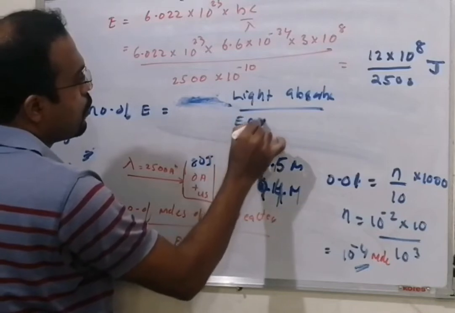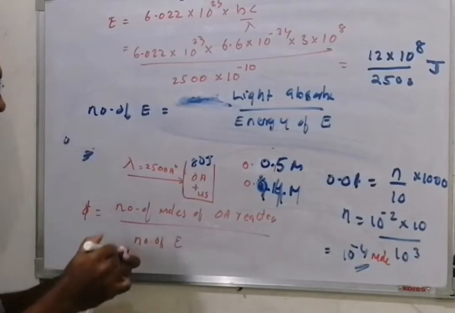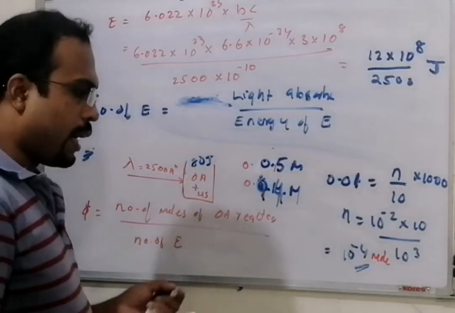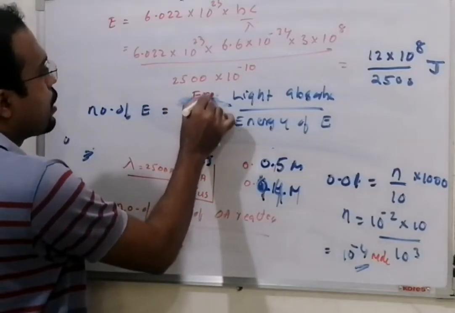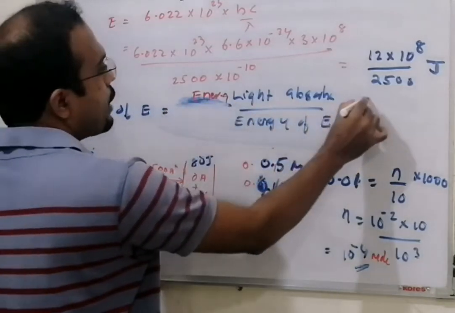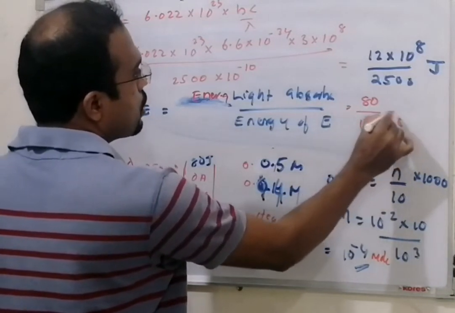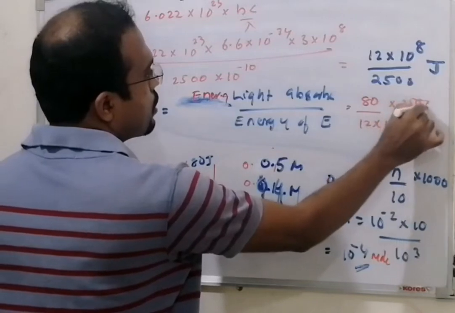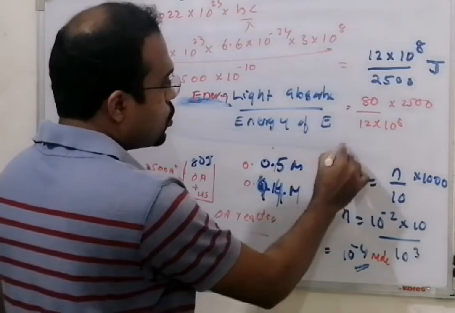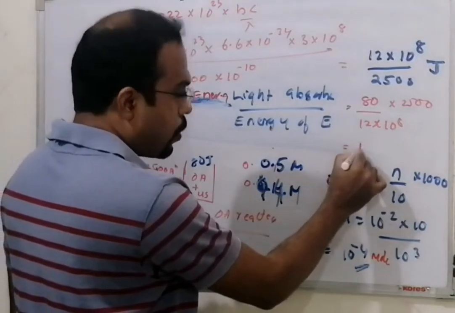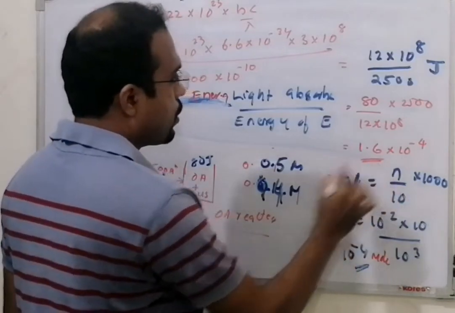The energy of light absorbed is 80. So 80 divided by 12 into 10 raised to 8 into 20. Yes. Okay, this is when you will get 1.6 into 10 raised to minus 4. Therefore, you got this one.